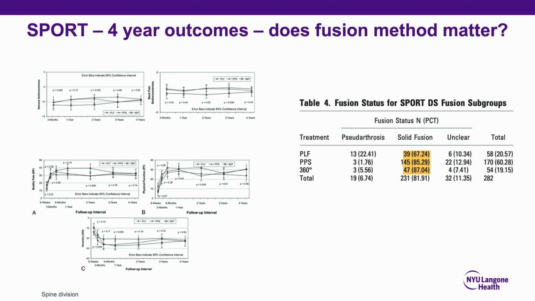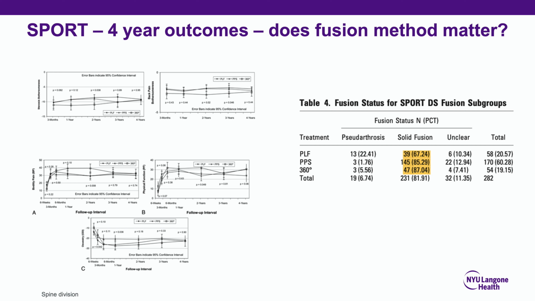In the SPORT 4-year outcome published by Abdu in 2009, he asked whether or not fusion method matters. They described PLF, which is posterolateral fusion, meaning putting bone between intertransverse processes, and posterior instrumentation, or doing 360, meaning doing interbody fusion and instrumentation in the back.